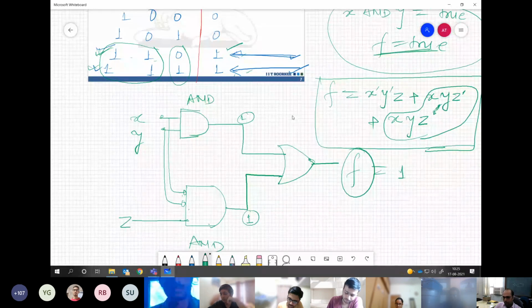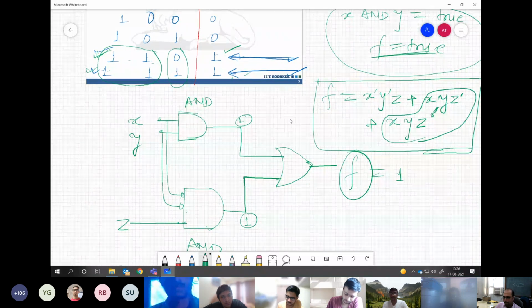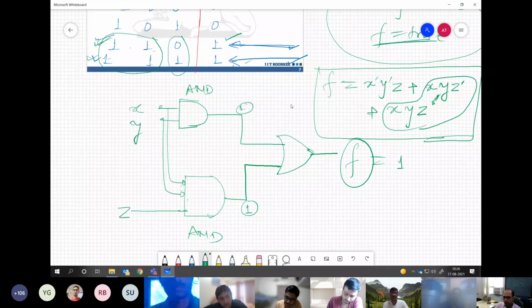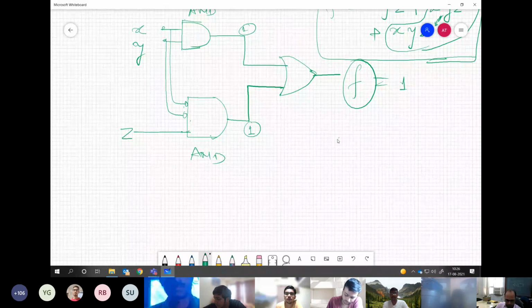Sir, directly xy plus z will be enough, no, sir? X dot y plus z will be enough, no, sir, for that output. X dot y plus z. Is that true?